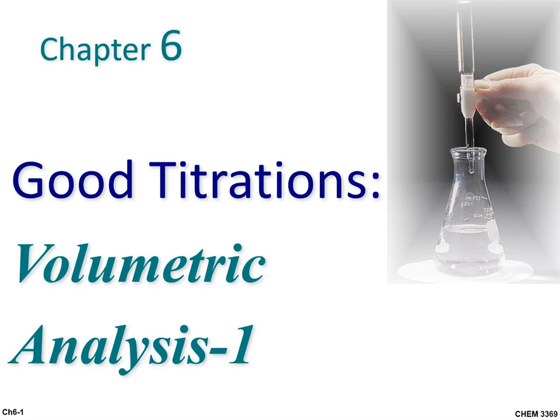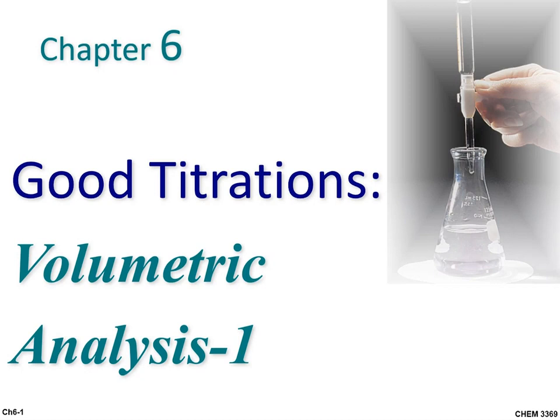The reaction that we're going to use for a titration has to be of known stoichiometry, and of course it needs to be reproducible. There are a few more requirements that we're going to talk about as we go along. So what do we use in these methods? What is used to calculate the concentration of the analyte is the volume or the mass of the standard reagent, the titrant.